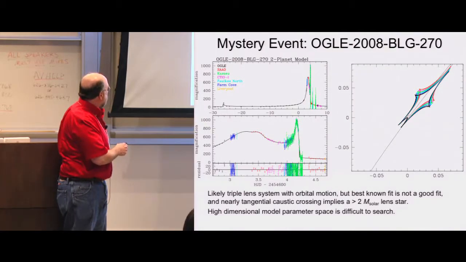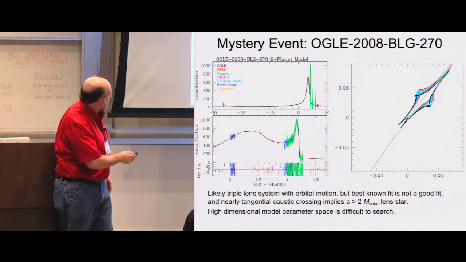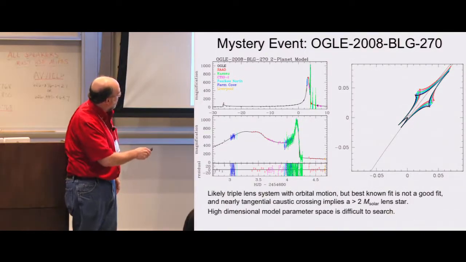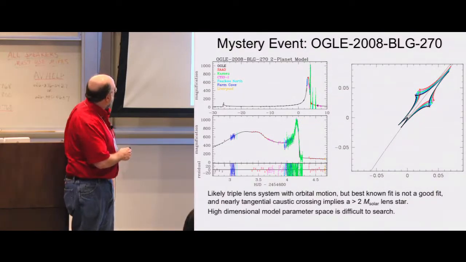And so that provided some evidence that maybe something like this model is correct. This is basically this model with orbital motion, and this is the source entering the caustic around here. Then it takes a long time to go through here, but then it reaches high magnification.